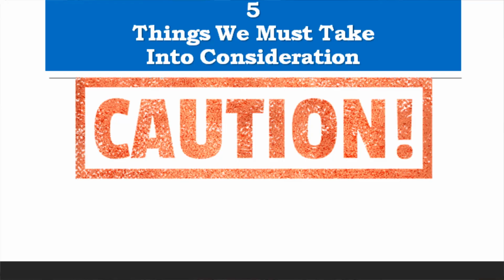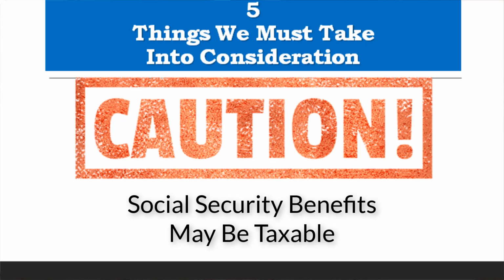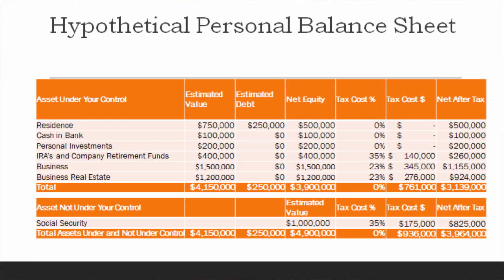Third, Social Security benefits may be subject to income tax. Depending upon your other income, it's possible that 50% of the benefit may be subject to ordinary income tax. So after taking taxes out, we don't have $4.9 million anymore.